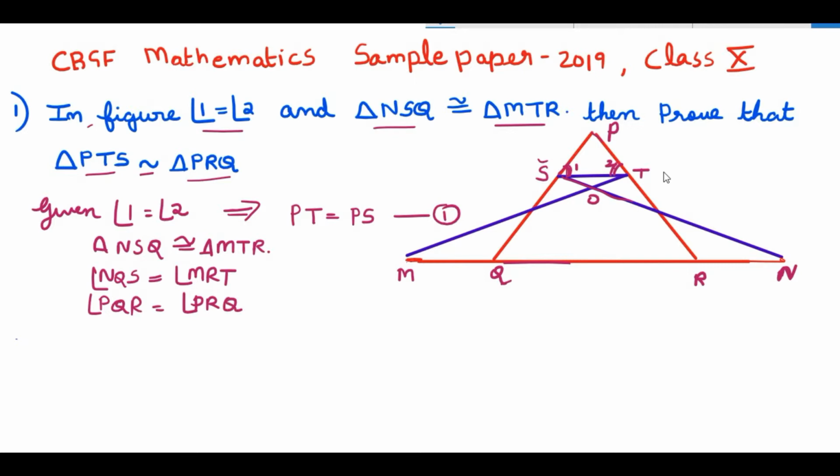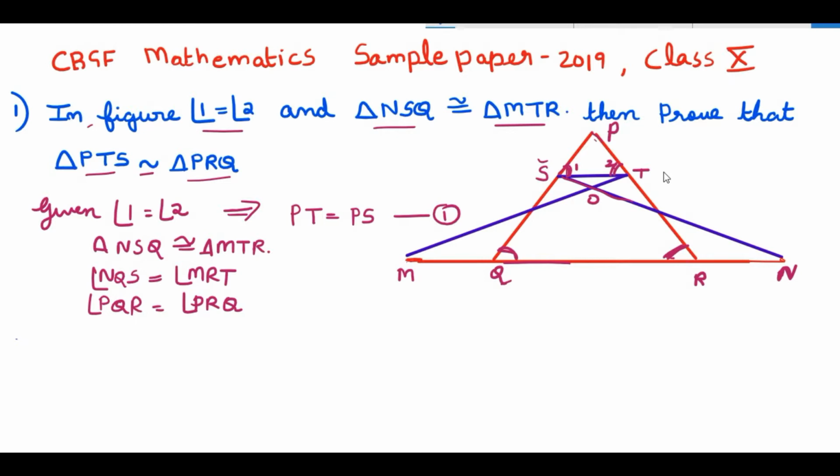See, NQS is equal to, since they are congruent, MRT. These two angles are equal. So Q is equal to R. That is why I have changed that S to P. PQR is equal to PRQ.